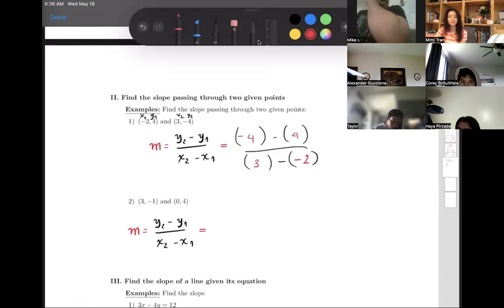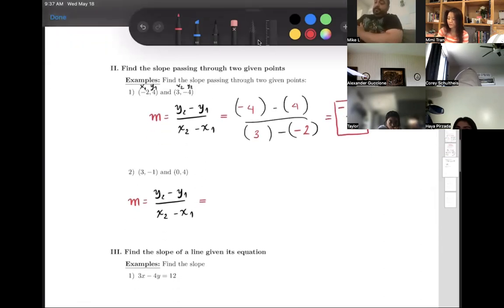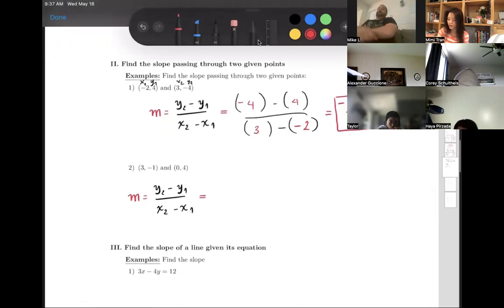Parentheses help, trust me. -4 minus 4 is -8. 3 minus -2 is 3 plus 2, which is 5. For those who have a correct answer, give yourself a bonus check mark.